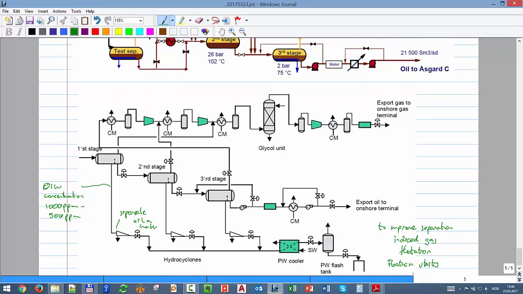Okay. Let's talk a bit about typical capacities. For oil, we have processing rates between 8,000 standard cubic meters per day all the way to 50,000 cubic meters per day.